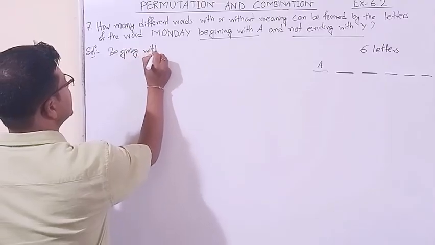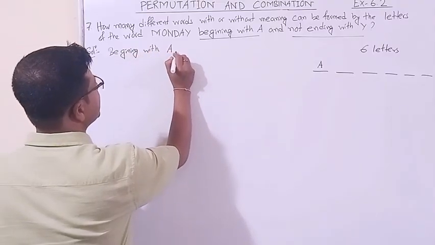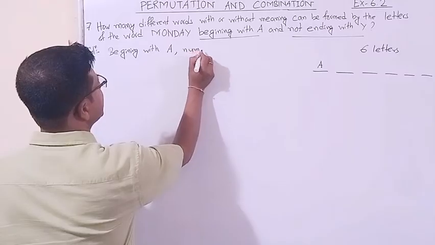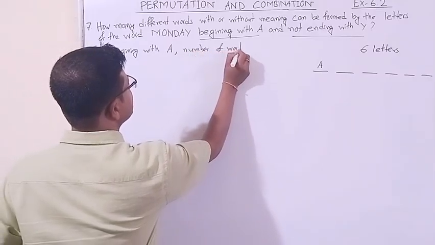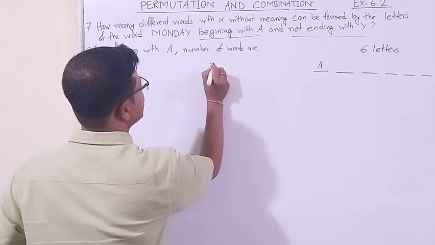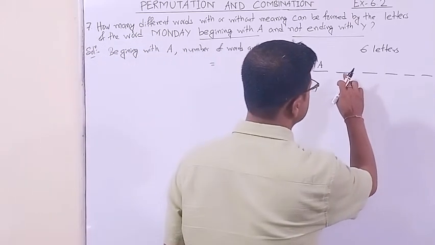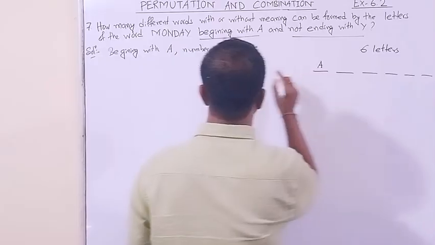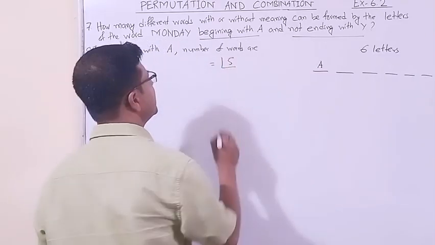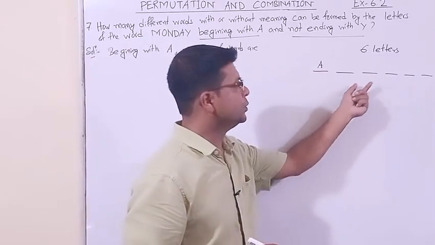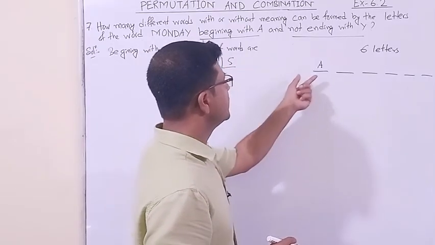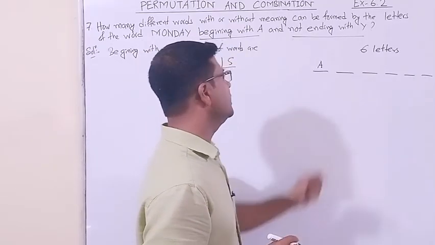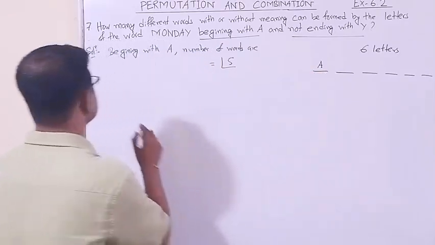With A at the beginning, the number of words we can get, as there are 5 places, is factorial 5. So in factorial 5 ways we can arrange those letters, so that we get factorial 5 words which begin with A.